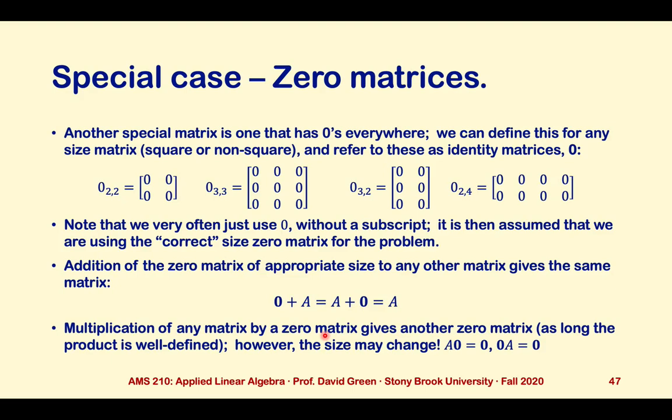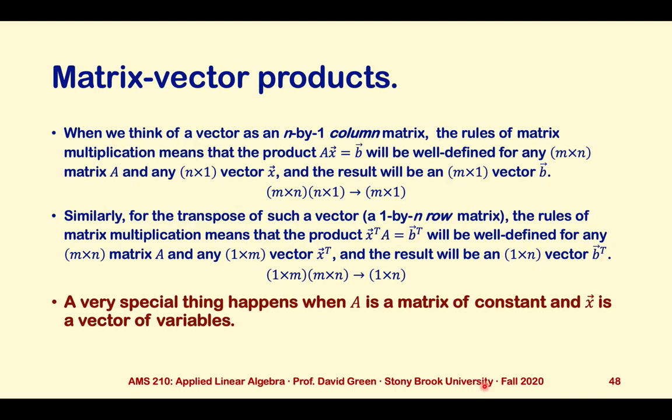The size of the zero matrix has to be appropriate to be well defined. It's important to note, however, that the size might be different. And because the size might be different, the answer may not be the same size as A. It might not be the same size as the zero matrix we started with, and so on. But it will always be a zero matrix. Okay.